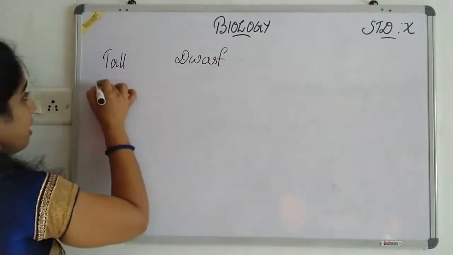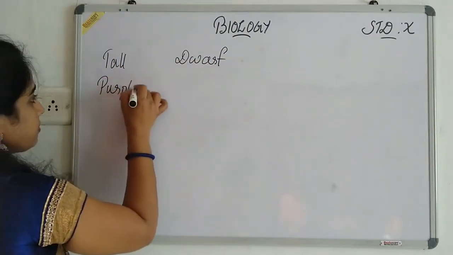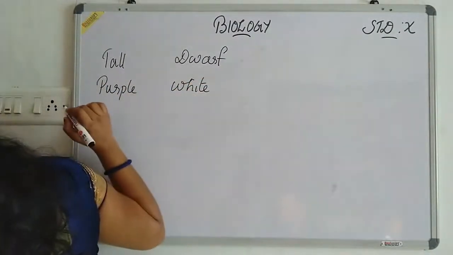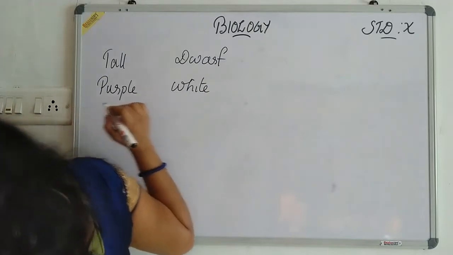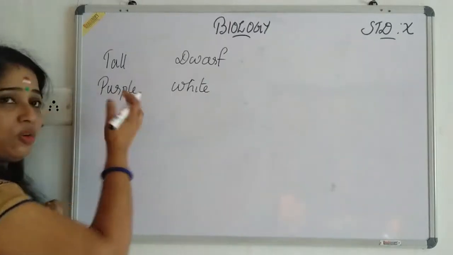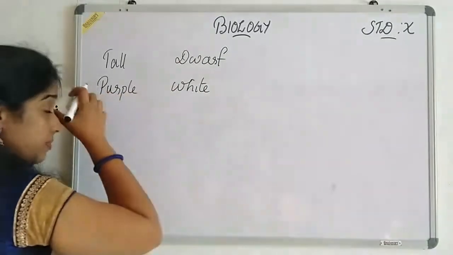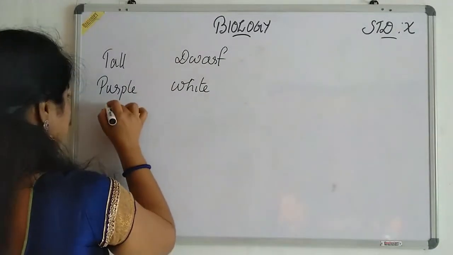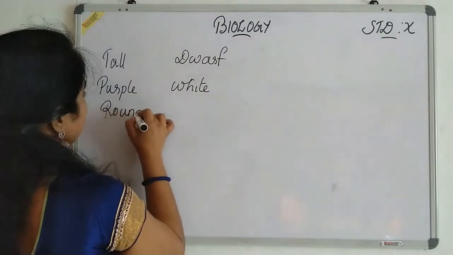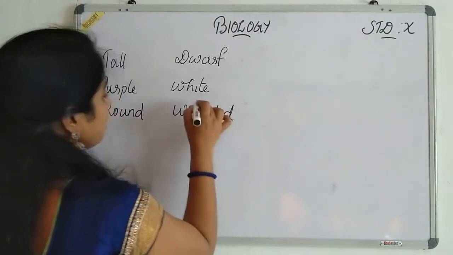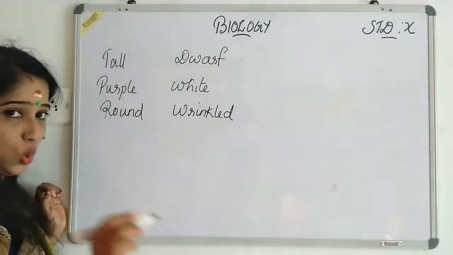And the color of the flower: purple, otherwise we can say violet, purple, or white. Then the shape of the seed, that is round. Next one, it is wrinkled. Round and wrinkled, so 3 characters over.